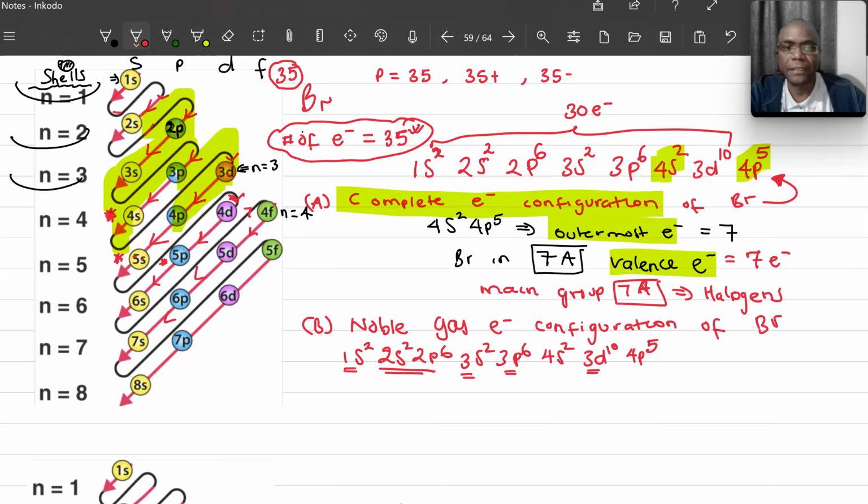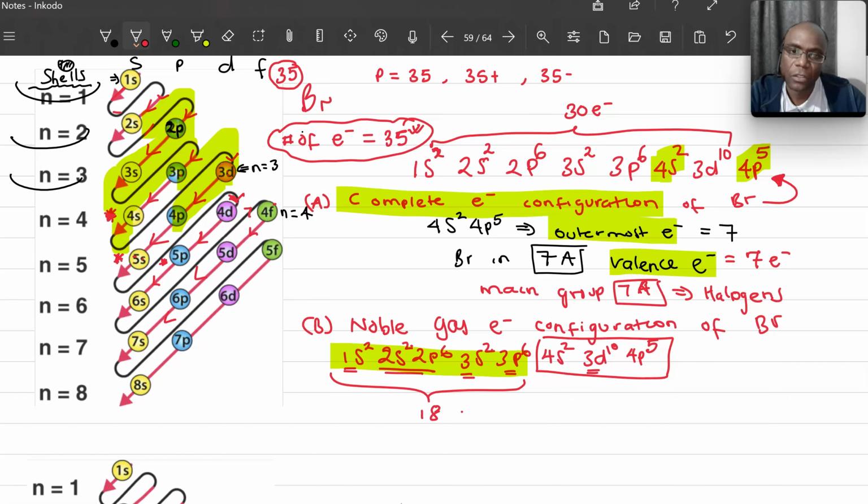But you realize that the third shell is marked between the fours, right? So let's just focus on these ones right here that are filled up. How many electrons are those? 2 plus 2 plus 6 plus 2 plus 6. Those are 18 core electrons.